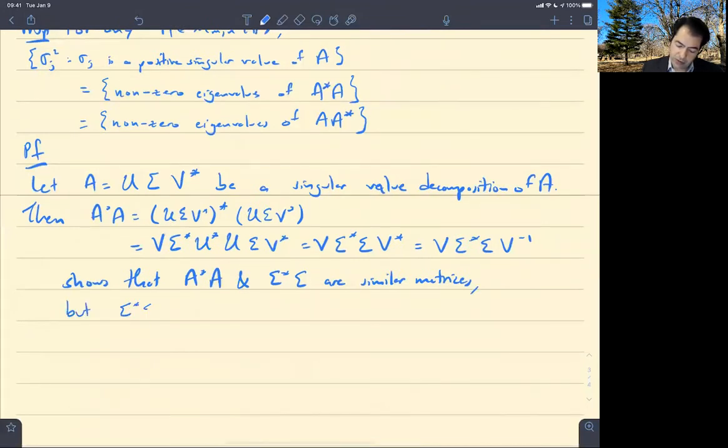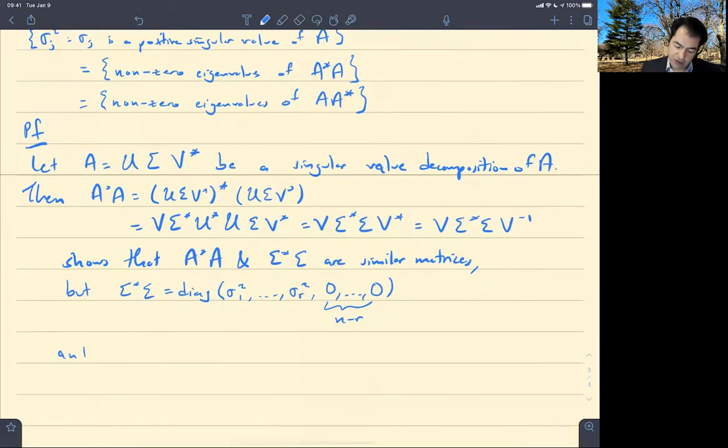But sigma star sigma is a diagonal matrix with entries sigma 1 squared up to sigma r squared on the diagonal, followed by possibly a bunch of zeros. So you would have n minus r zeros.